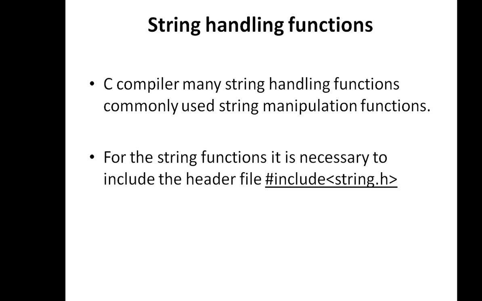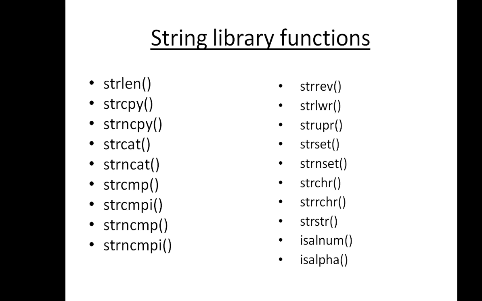There are different library functions we have, and in C, strings have more library functions than in all the other programming languages. C has many built-in functions for strings: string length, string copy, n copy, concatenate, n concatenate, compare, compare with ignore case, string upper, lower, string reverse, and so on.